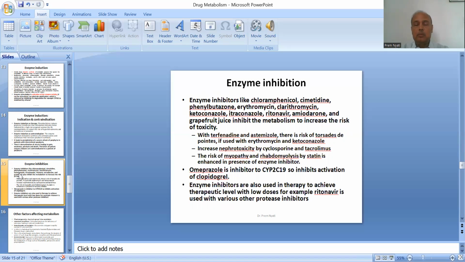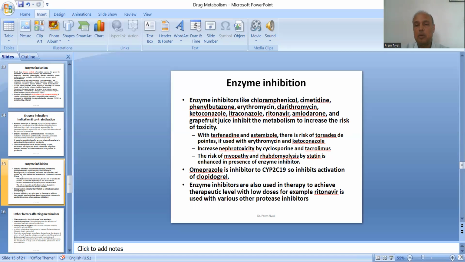As we have seen with terfenadine and astemizole, there is risk of torsades de pointes. It is a form of ventricular arrhythmias. So this problem occurs if terfenadine or astemizole is used with a potent enzyme inhibitor like erythromycin and ketoconazole. And this is the reason why these drugs have been removed from the market.